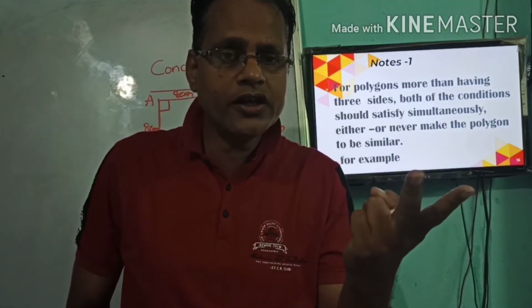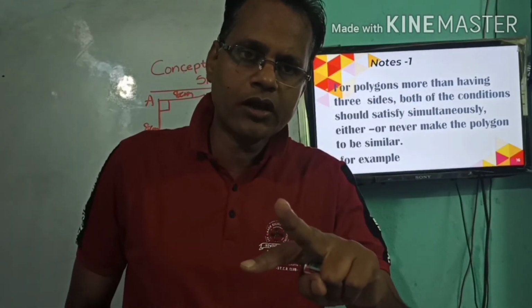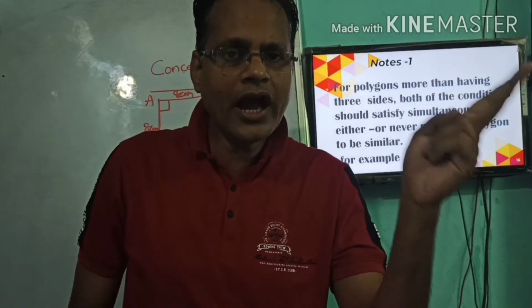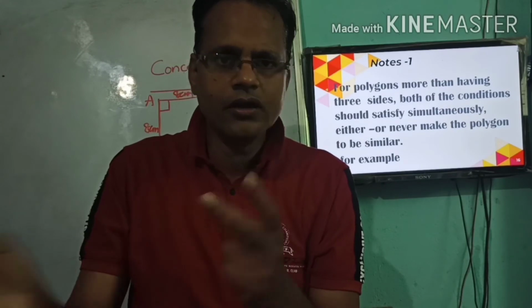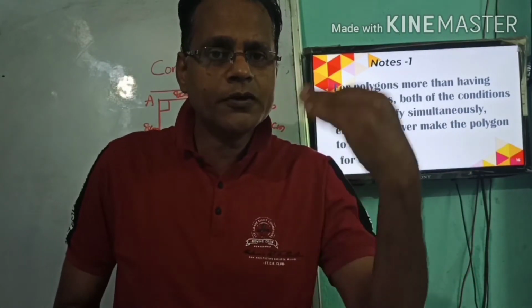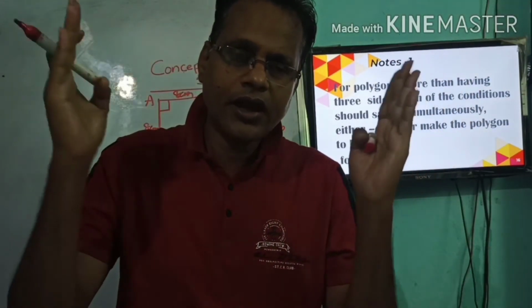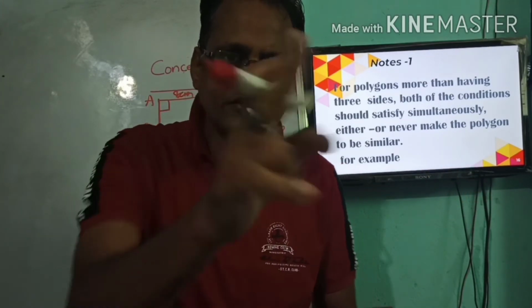What are the two conditions? Angles must be equal, sides must be proportional. Either-or is not enough. If only angles are equal but sides are not proportional, then it will not be similar. Or if the sides are proportional but angles are not equal, then also it will not be similar. I can cite you an example.